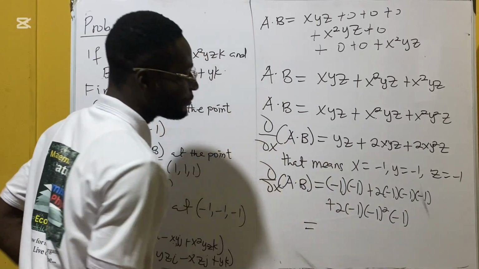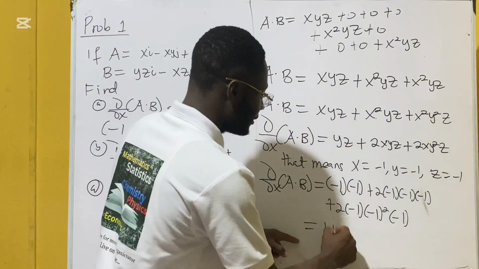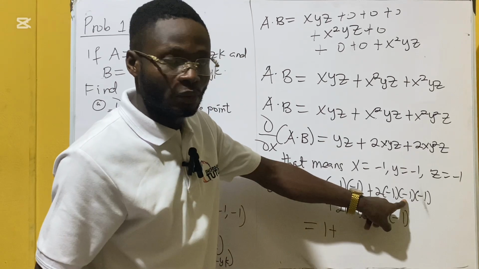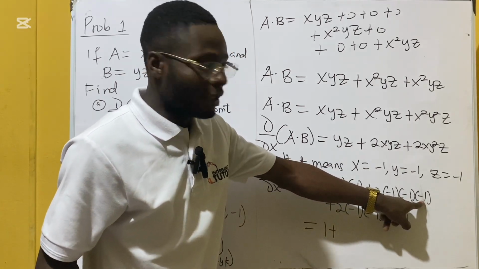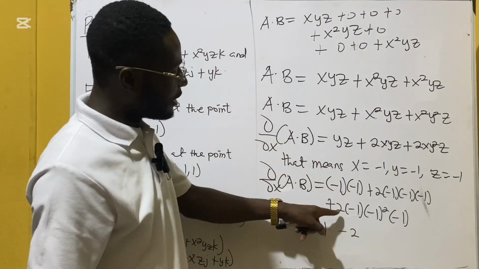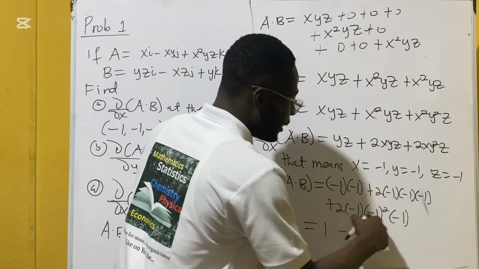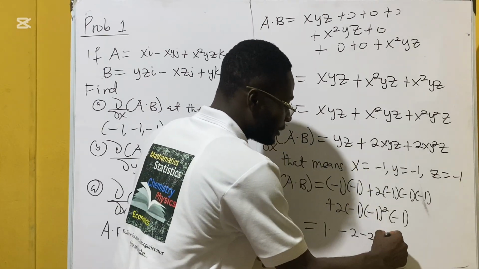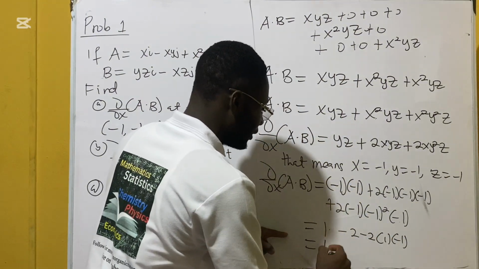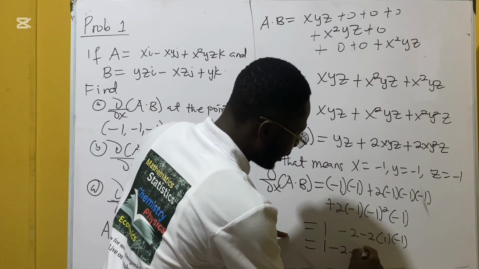Okay, so -1 times -1 is 1, plus 2 times -1 is -2, times -1 is... so we have -2. Okay, then 2 times -1 is -2. And -1 squared is 1, times -1. So we are going to have 1 minus 2 plus 2.